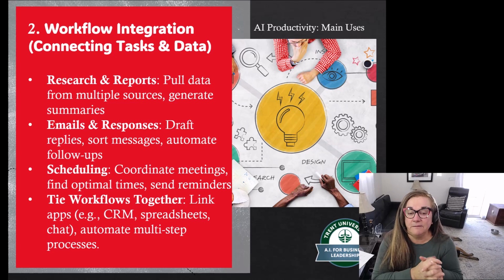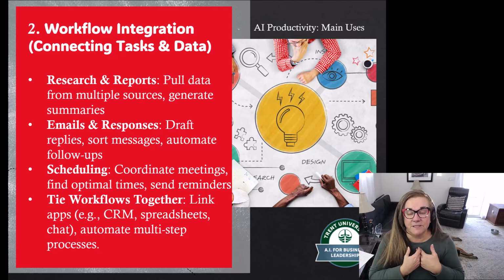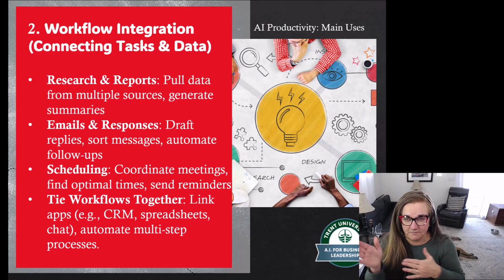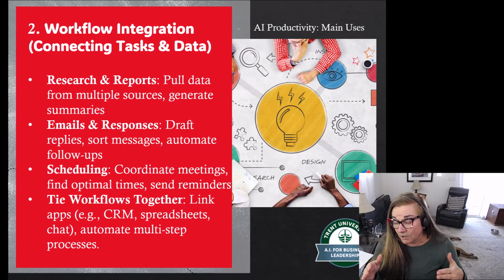Pretty cool, right? So email and email responses: it can draft an email response every time one comes in. I would suggest that you always have the human element in there before you send out the response. Make sure it didn't go off the rails and not understand something. Scheduling: it can coordinate meetings, finding the optimal time.